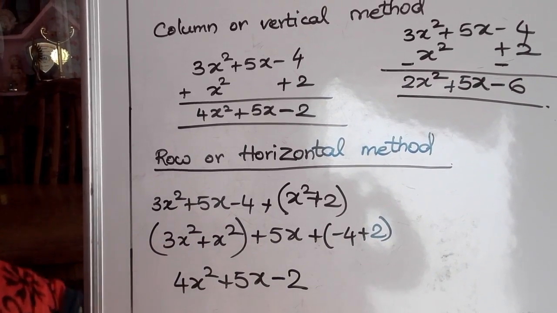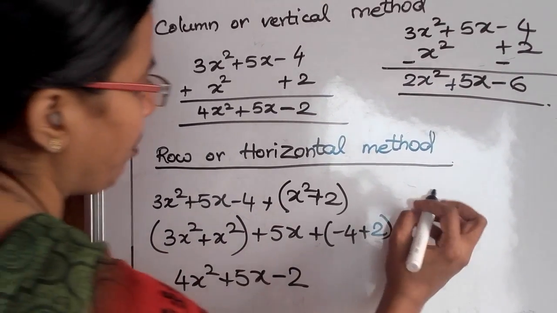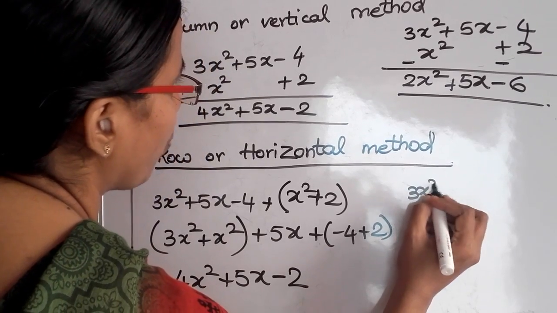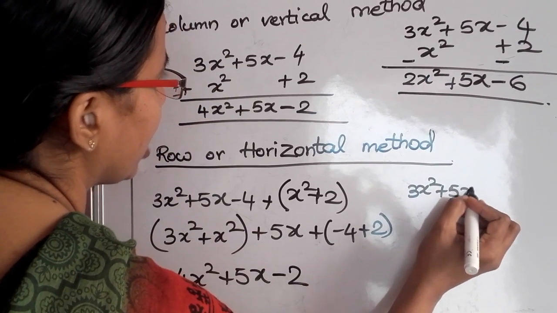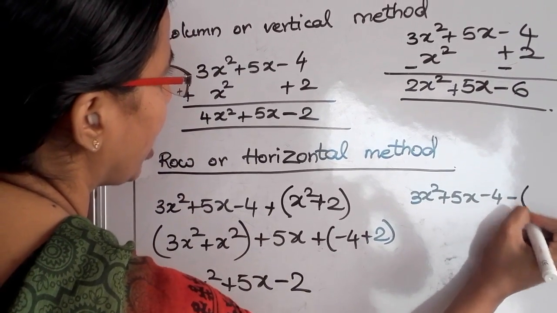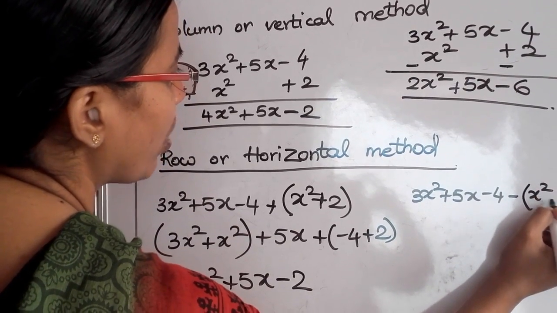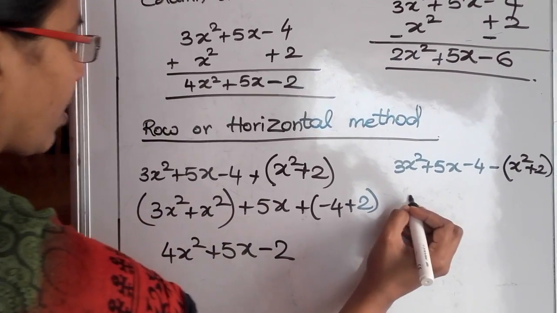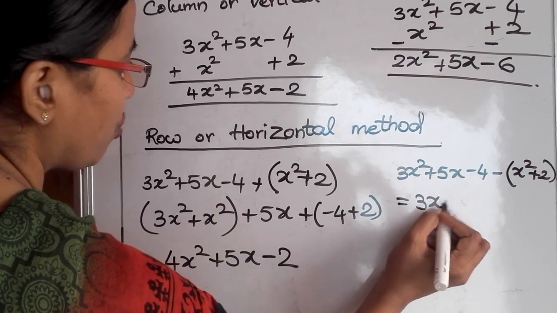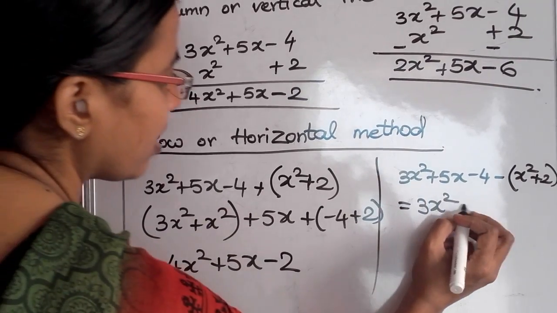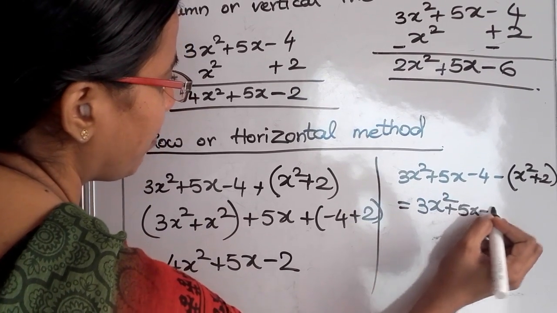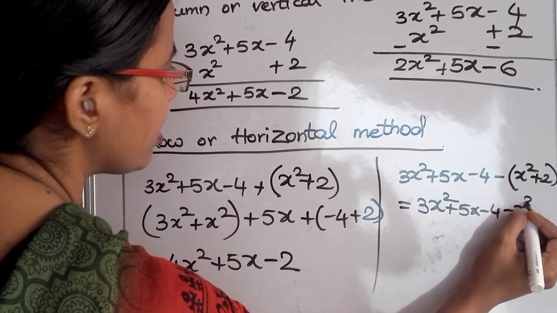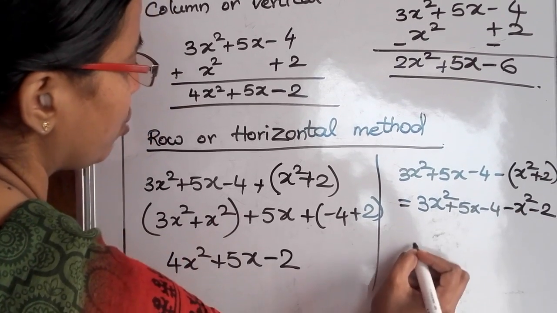Now let us use the row or horizontal method to subtract. So 3x square plus 5x minus 4 minus of x square plus 2. So now let us write 3x square plus 5x minus 4 minus x square minus 2.